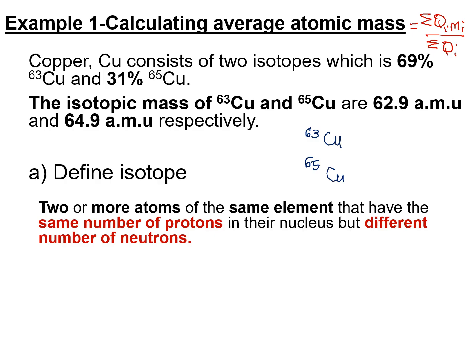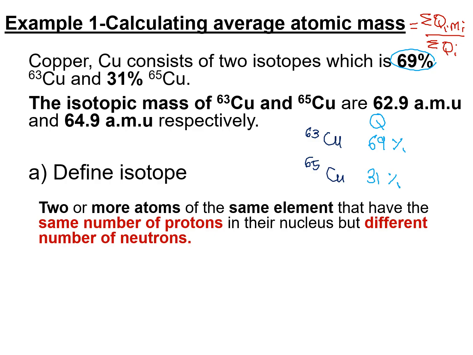And the percentages are the percentage abundance. Q is the symbol for percentage abundance. So the percentage abundance for 63 Cu is 69%, while for 65 Cu it is 31%.